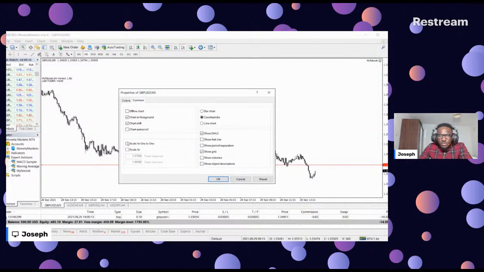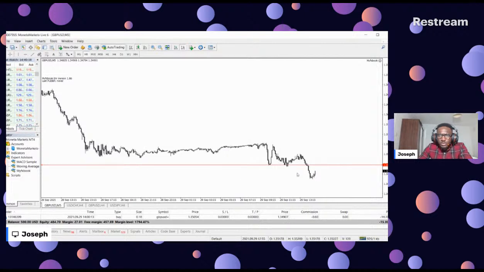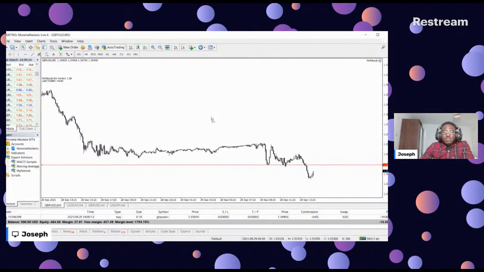Show volume. Nope, there's no setting that I can use to check. Yeah, I have to try and customize this platform at some point. Hopefully by the next streaming session, you're going to see some customization.